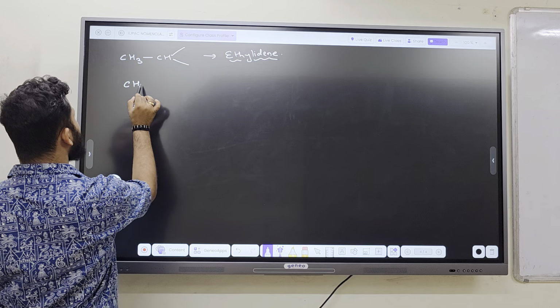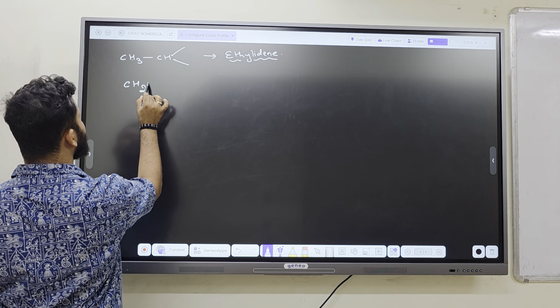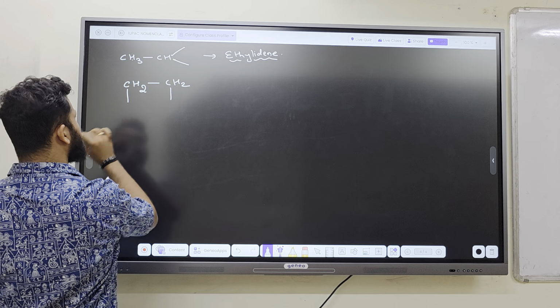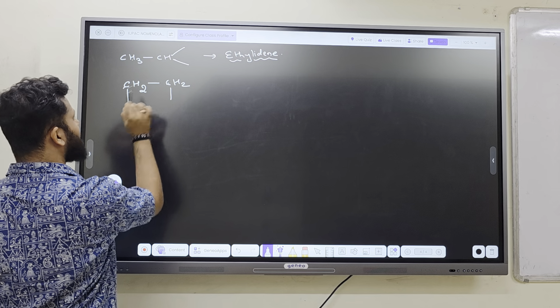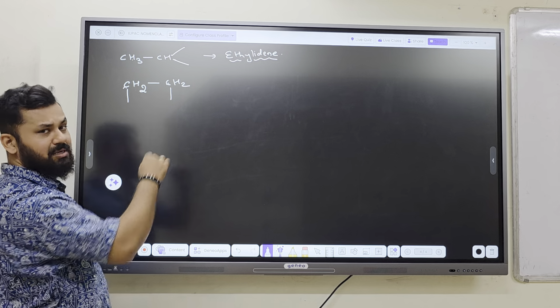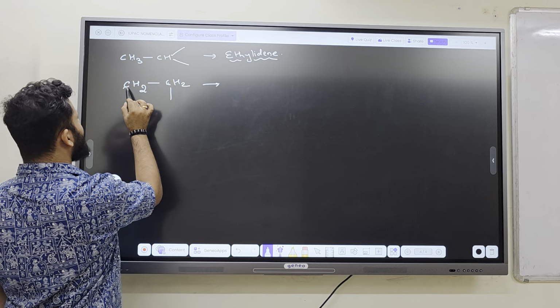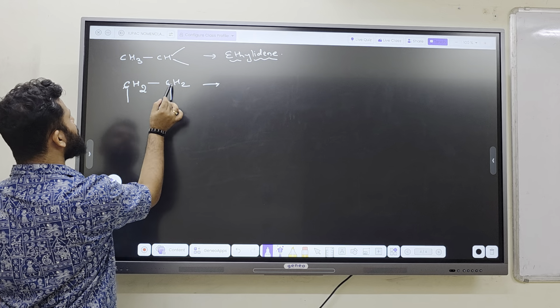However, if I had to remove one hydrogen from here and one hydrogen from the next carbon, this positioning is called vicinal. These carbons are vicinal, meaning neighbors. So when the hydrogen is removed from two adjacent carbons, it doesn't become ethylidine, it becomes, in this case, ethylene.